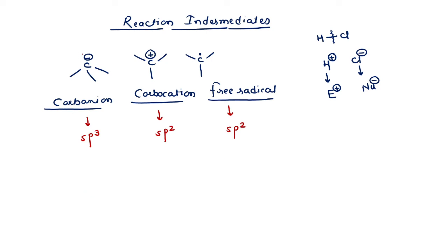In the carbanion, please see, this is the carbanion and there is a negative charge. So it has electron donating capacity to form a bond.